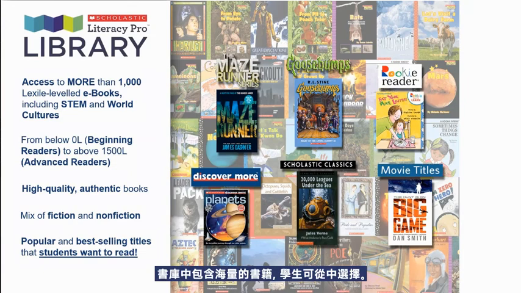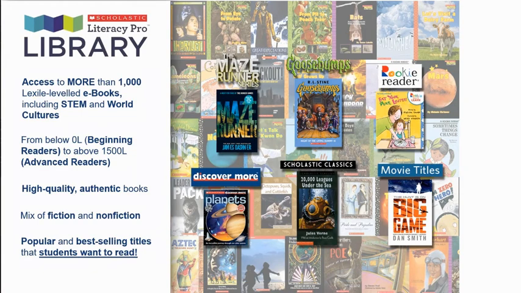Look at the incredible variety of books from which students can choose to read. And these are not just any books. These are in fact high-quality, authentic, popular and best-selling fiction and non-fiction titles that students want to read. Certainly, there is a book that will appeal to every student's interest.